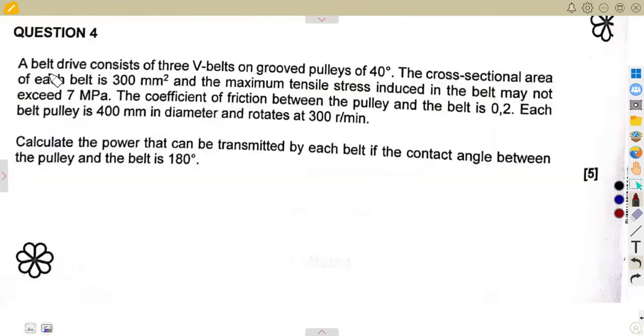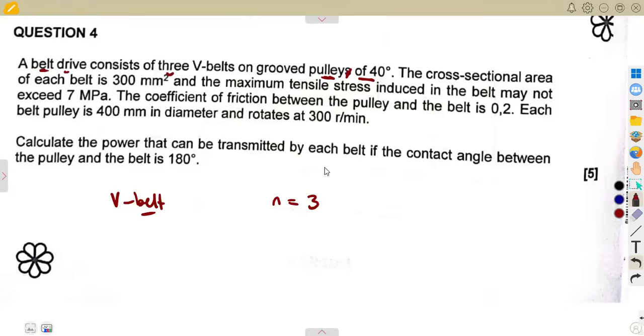And they are saying it's a belt drive consisting of 3 V-belts. So that's a V-belt that we are considering in this case. So you've got the number of V-belts, N, equal to 3, on grooved pulleys, so that's a grooved pulley there, of 40 degrees.